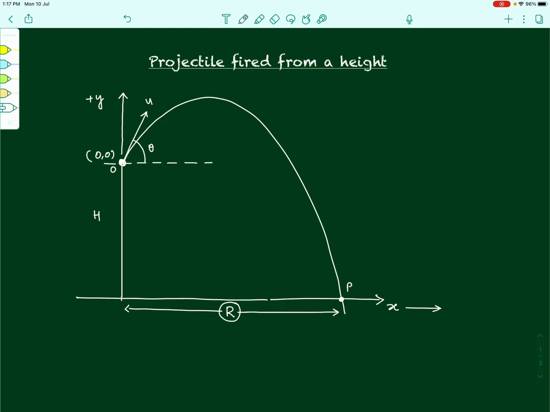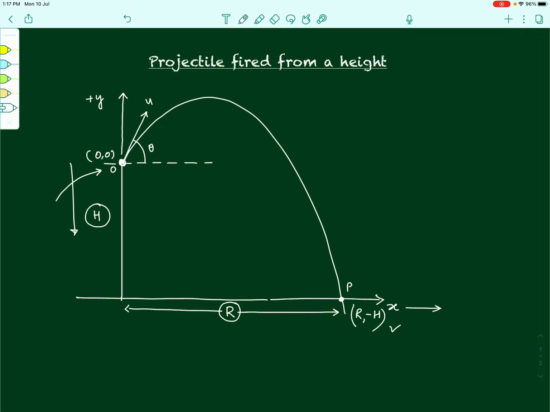So if this distance is r and the height from which the projectile is projected is h, considering the point O as the origin, the coordinates of the point P will be r comma minus h. The minus sign comes because we are moving down in the vertical direction. The projectile has finally moved down, and we have taken the upward direction as positive. So these are the coordinates of the final point where the projectile lands.